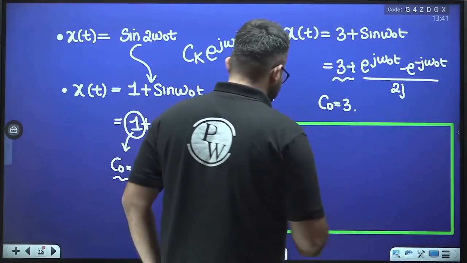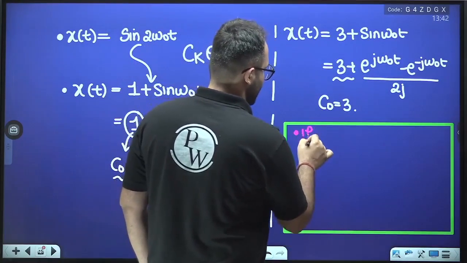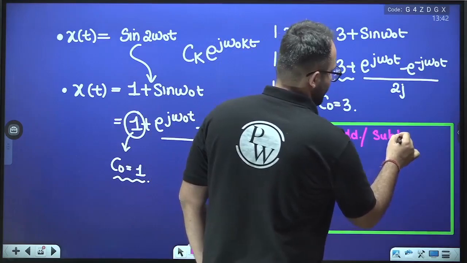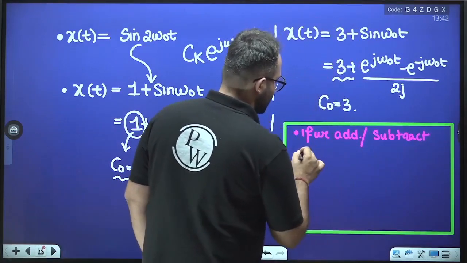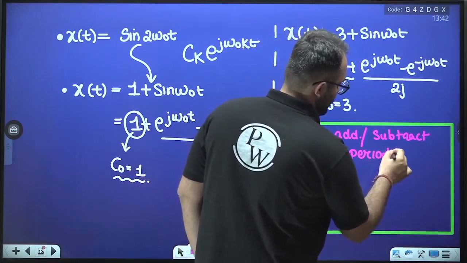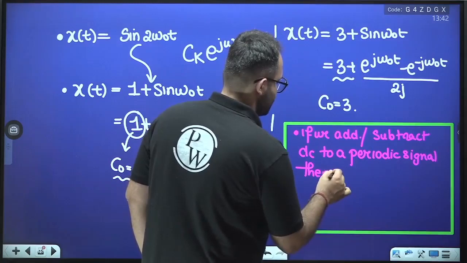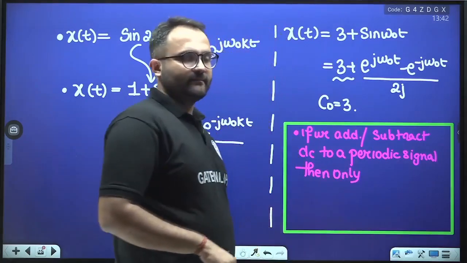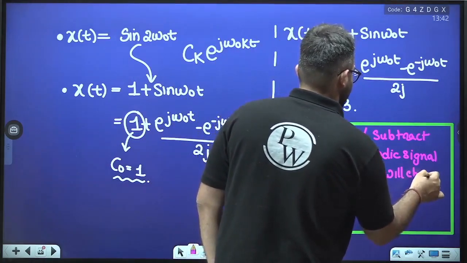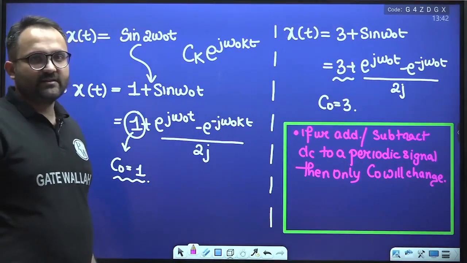So, if we add or subtract DC to a periodic signal, then only the C0 coefficient will change.